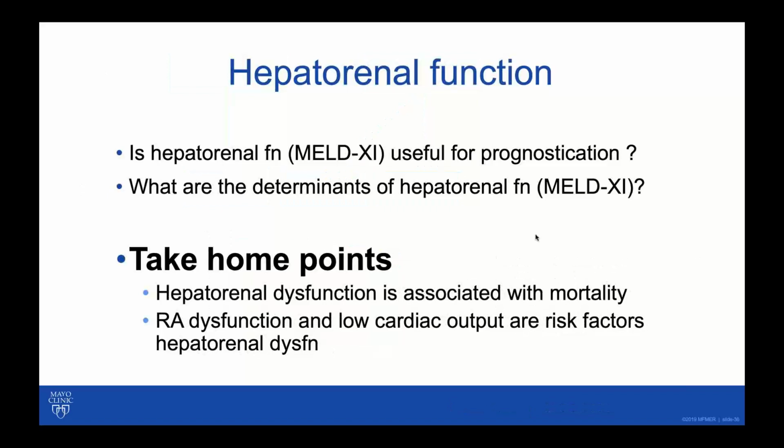So the take-home point here is that hepatorenal dysfunction by itself is an independent risk factor for mortality in this population. And the hemodynamic derangement that drives this is right atrial dysfunction and hypertension, as well as low cardiac output.